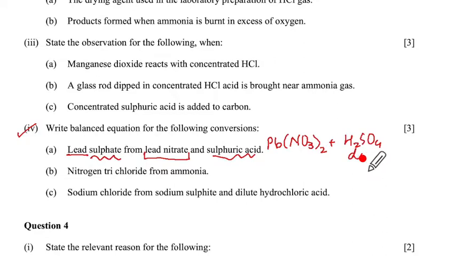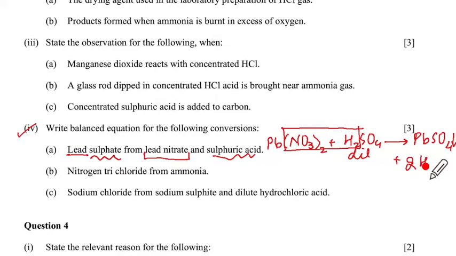This will have to be dilute sulfuric acid, and we will have a reaction taking place like this. So we will have PbSO4, which will be a precipitate. It's an insoluble compound, plus you will have 2HNO3. 2H and 2NO3, they will form 2HNO3.